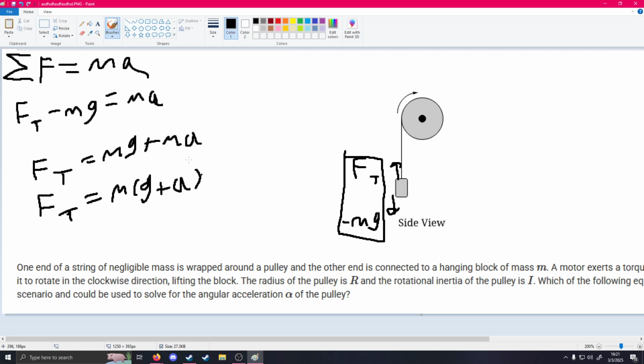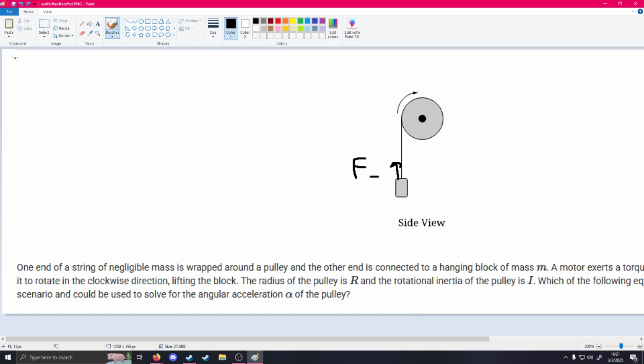We're going to keep this for later, but we don't want to clog up our screen. Okay, that's refusing to delete. So Ft is equal to m times g plus a.